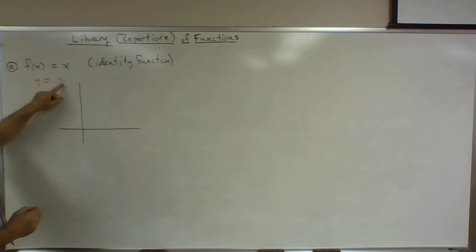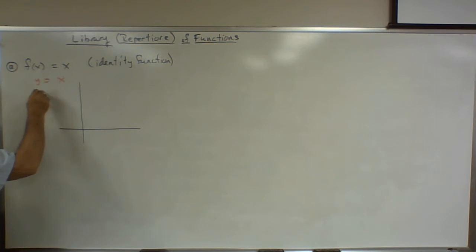So we should look at this and say, you know what? This is the same as y equals 1 times x plus 0. And that means it's in slope-intercept form. Slope is 1, and y-intercept is 0.